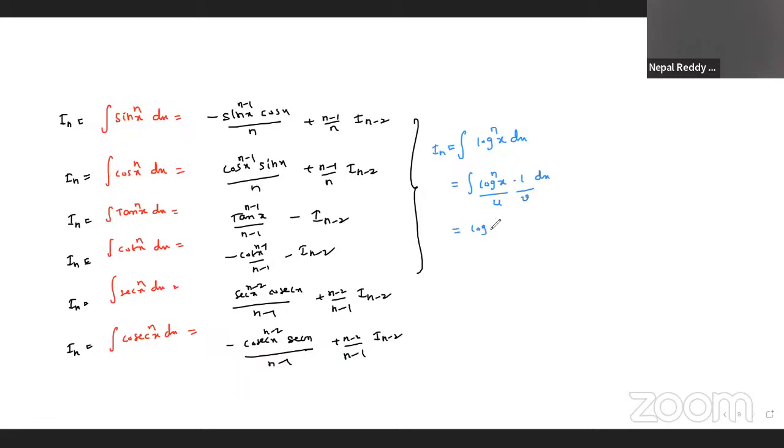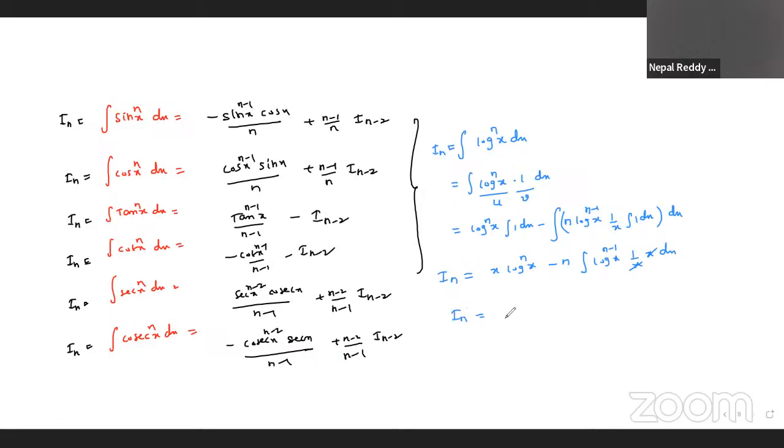First u, log x whole power n, integral v dx, nothing but integral 1 dx, minus integral derivative of u, n into log x power n minus 1, log x derivative 1 by x, next integral v dx and then whole dx. x into log x whole power n minus n integral log x power n minus 1, 1 by x into dx. x gets cancelled.